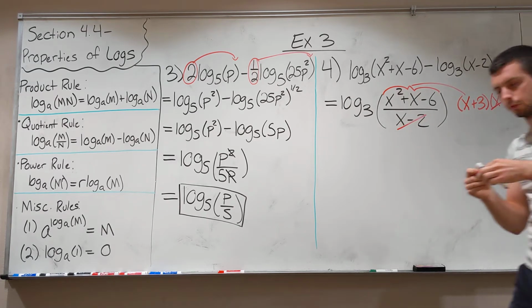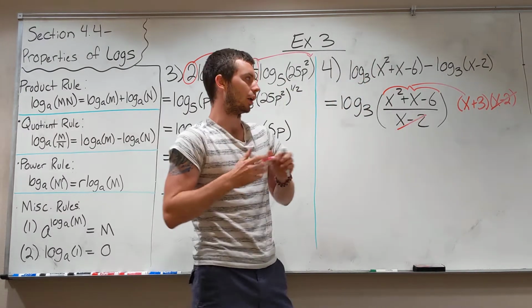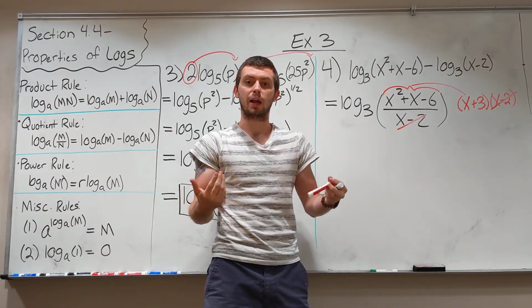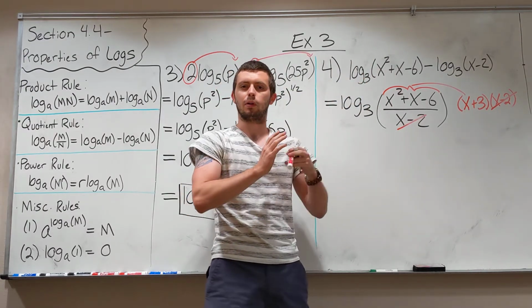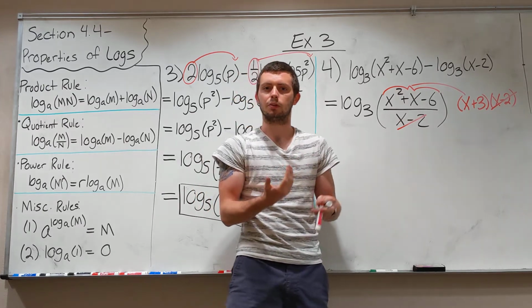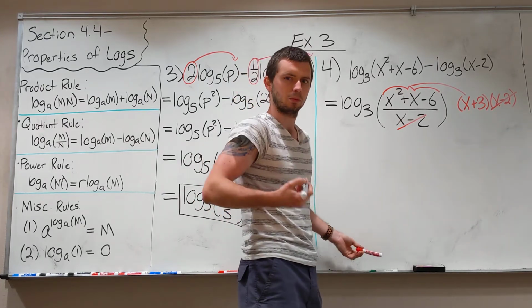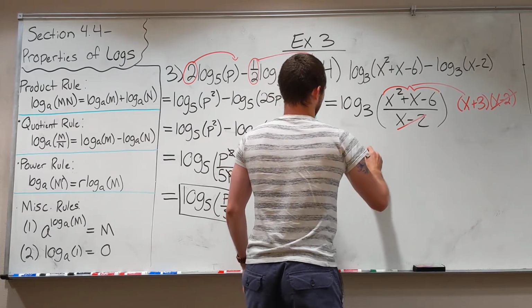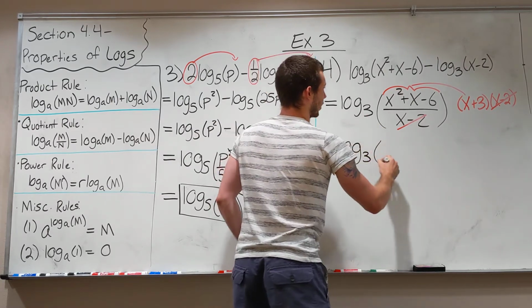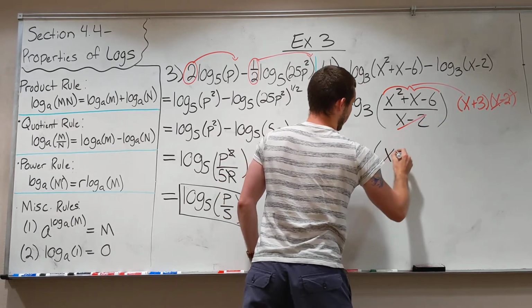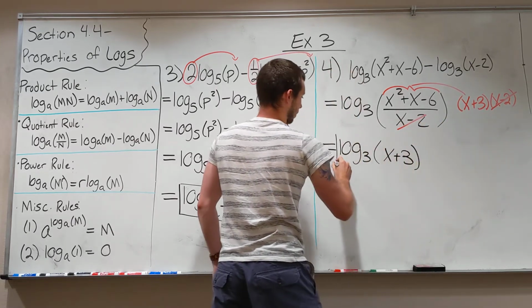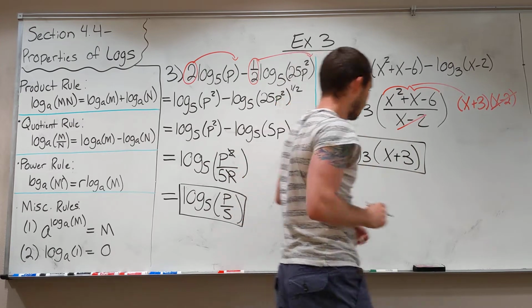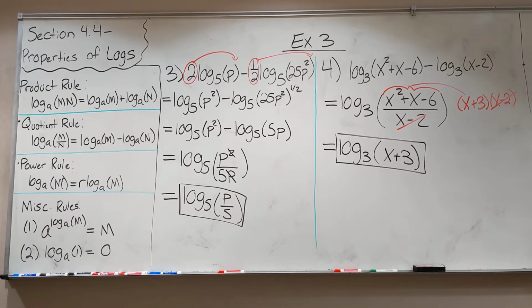So this is why it's important to identify any quadratics and see if they factor, because sometimes there's some underlying simplification you need to make that MyMathLab will force you to make. So this would be log base 3 of just the x plus 3 that remains. And there's no powers to express as factors, so that would be sufficient for this answer.